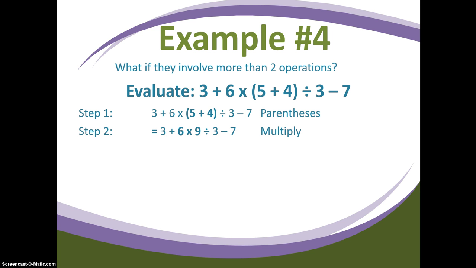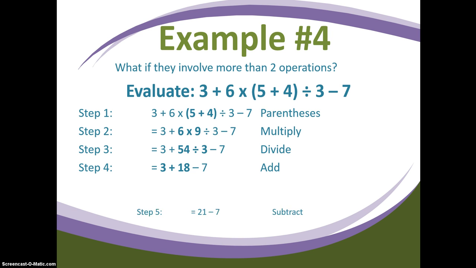They're on the same step, but we need to work from left to right. So here we're going to multiply before we divide. 6 times 9 is 54. Then we're going to do division. 54 divided by 3 is 18. Then we're going to add next. Again, addition and subtraction are on the same level, but we work from left to right. So 3 plus 18 is 21. Subtract 7, and you get 14.